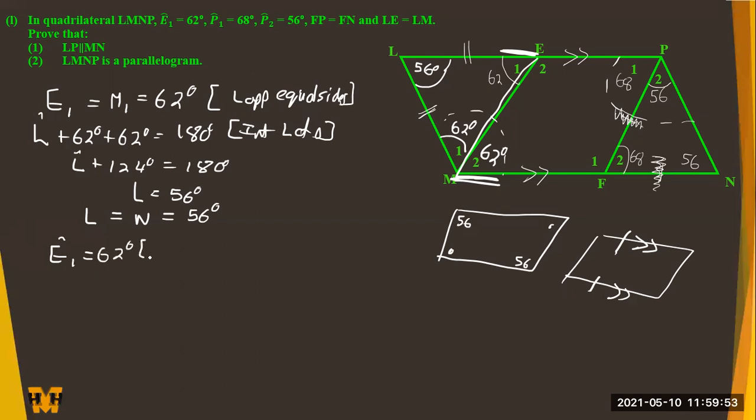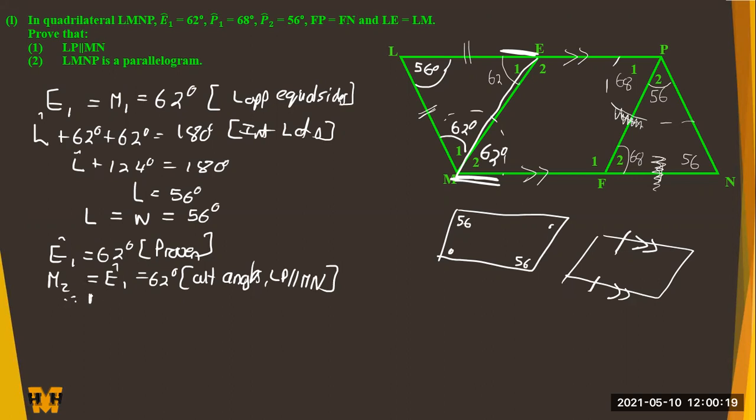That's proven. We already proved it. So M2 is equal to E1 is equal to 62. Alternate angles, because LP is parallel to MN, from the previous proof. So therefore, M1 plus M2 will be equal to 62 plus 62, which is 124 degrees.